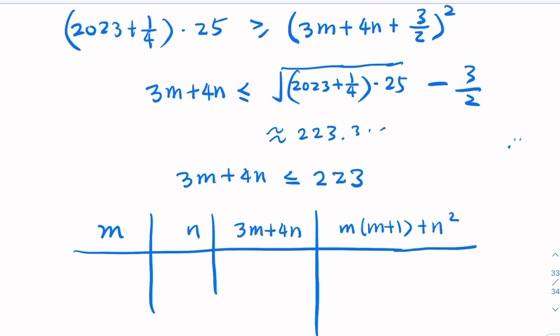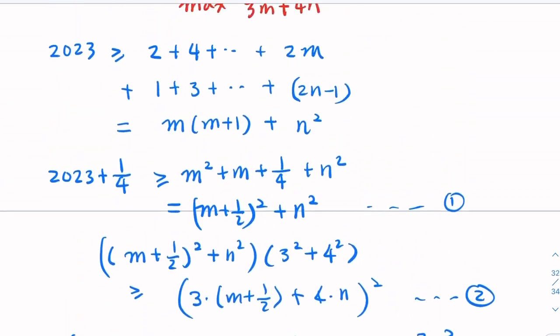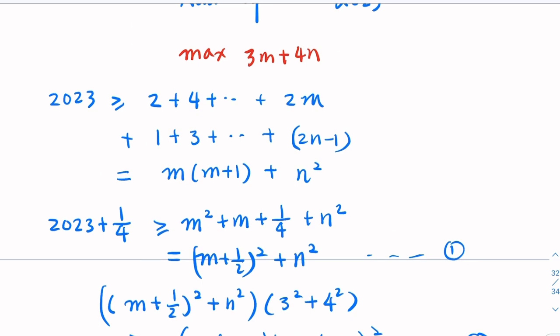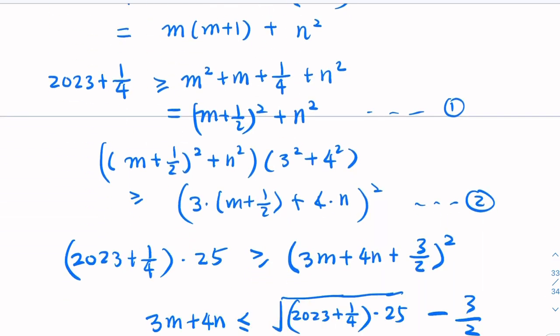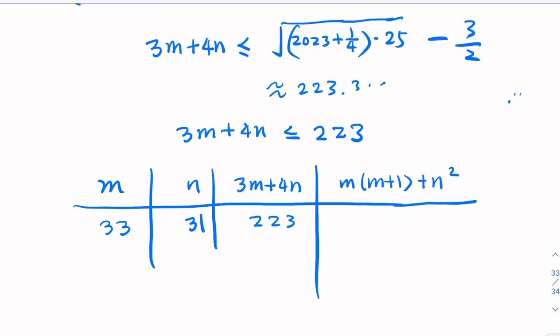All right, so around 30, let's see. If n is, let's say, 31, that would bring m to 33. The total would be 223, right? But earlier we said we want more odd numbers, n is the odd number here, right? We want n to be a little bit bigger, so maybe we forgot about that.